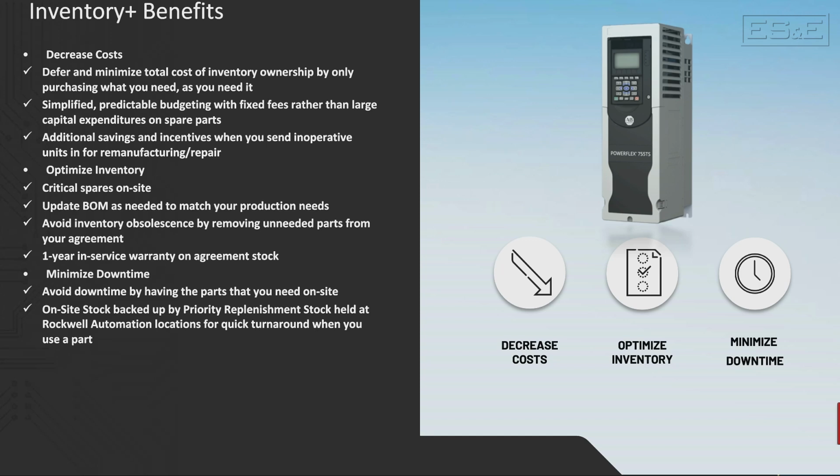Along with that, not only do you have the in-service warranty, but you still have the standard warranty as well, a traditional warranty on the part. So whether it's like two years, I believe, 24 months, you still have that, and when the part is put in the stock, you have that additional 1 year on top of that, so it kind of compounds.